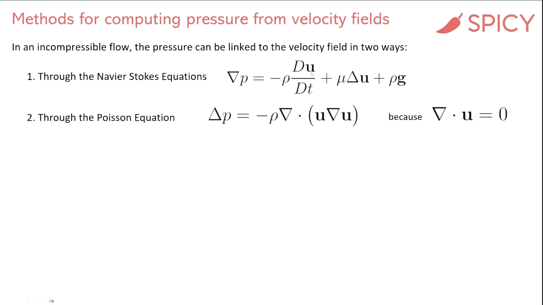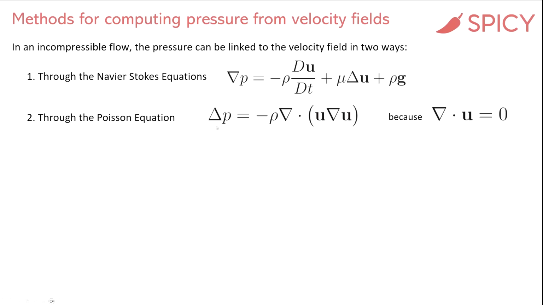So here you have the material derivative of the velocity field, the viscous diffusion, so here you have the Laplacian of the velocity fields, and the gravitational acceleration. Keep in mind we're using here a classic notation in fluid mechanics, so rho is the density of the fluid, mu is the dynamic viscosity of the fluid, and g is the gravitational acceleration.